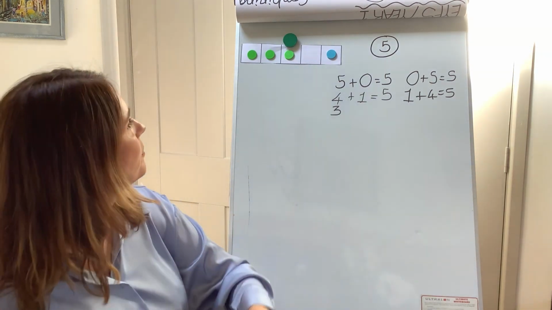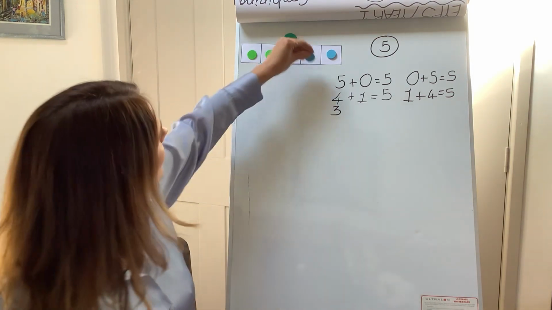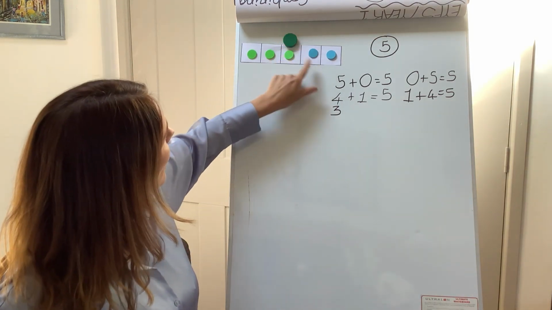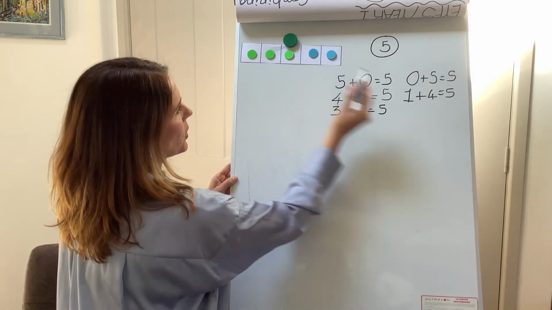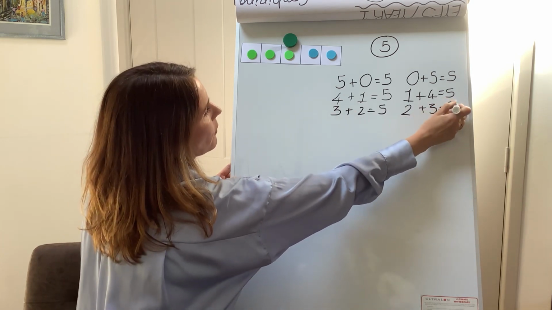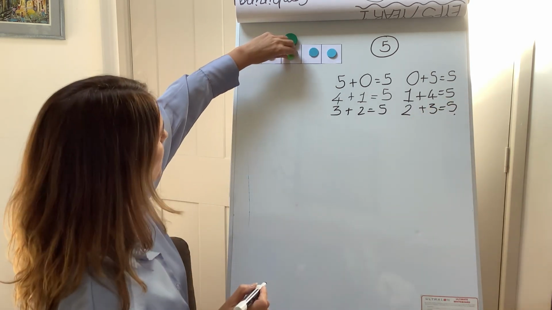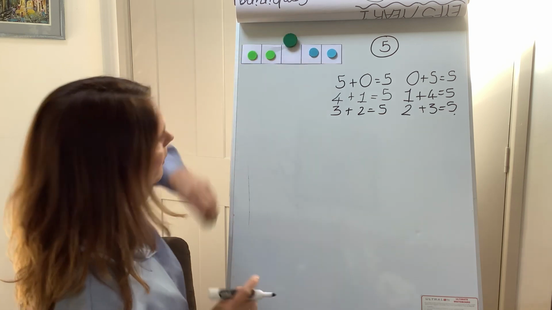So we can have 3 and 2, that makes 5. And can we look at it this way? We've got 2 blue counters and 3 green counters, that makes 5. I'm going to take this one away.